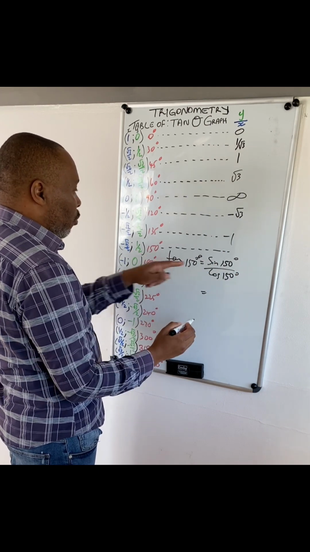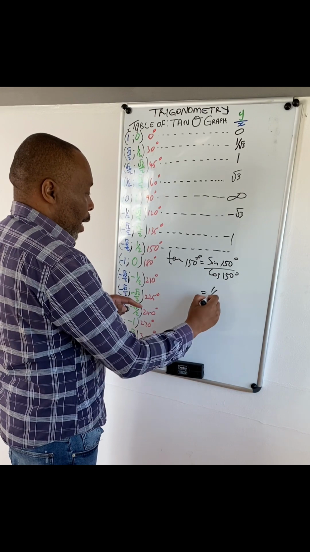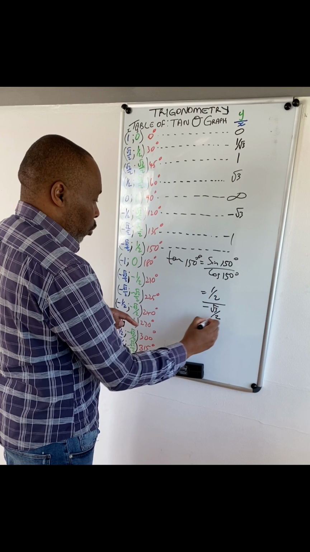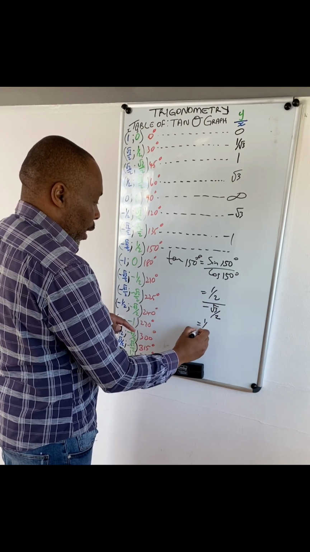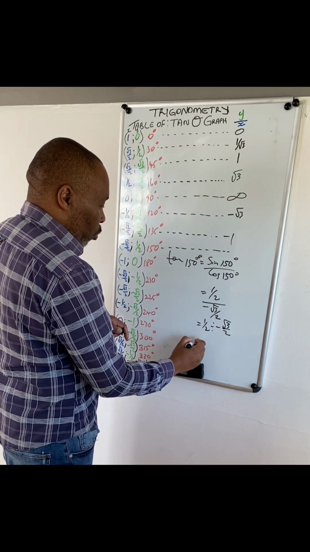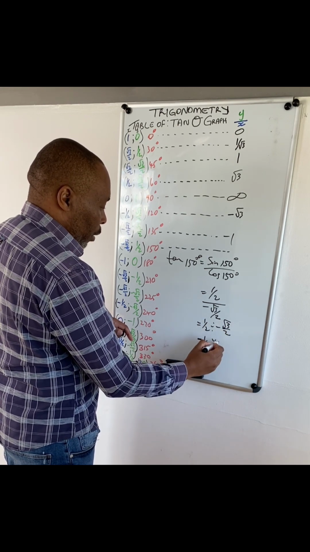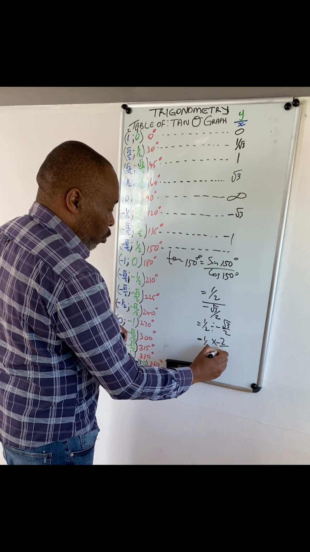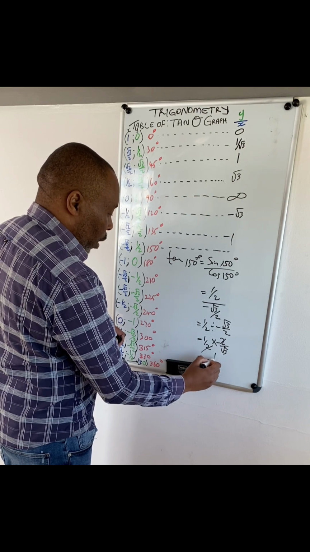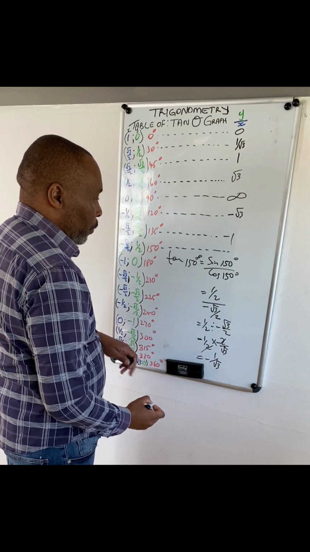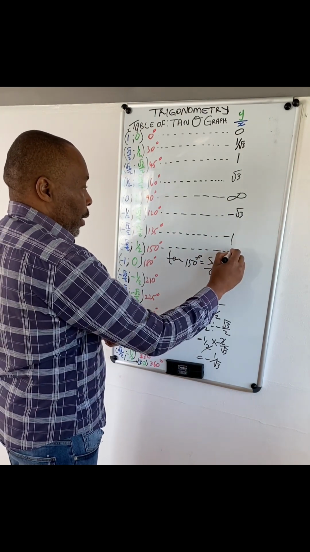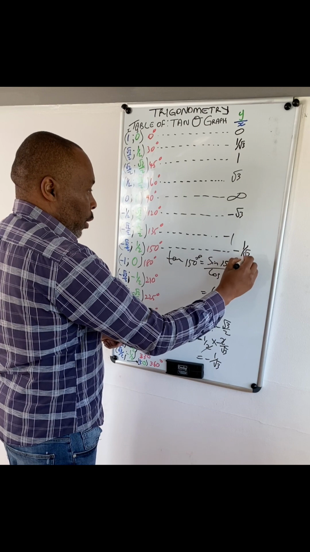Sine of 150 degrees is a half, divided by cos of 150, which is negative root 3 over 2. That is a half multiplied by negative 2 over root 3. It cancels, and we have minus 1 over root 3. Here we've got a negative 1 over root 3.